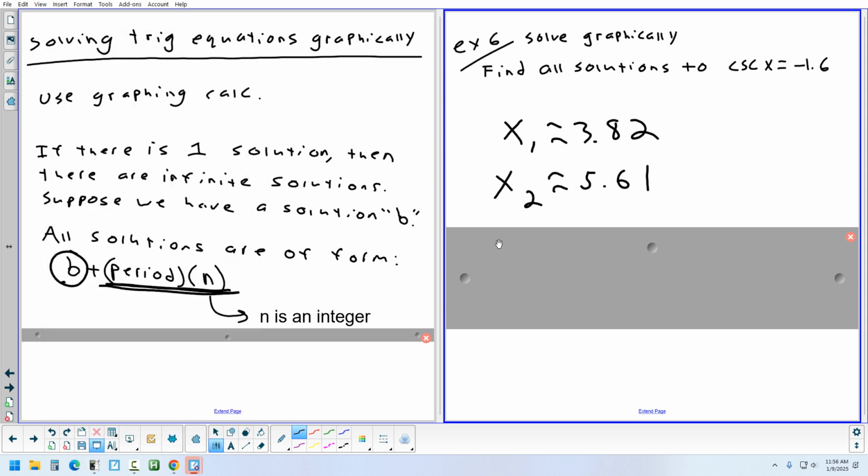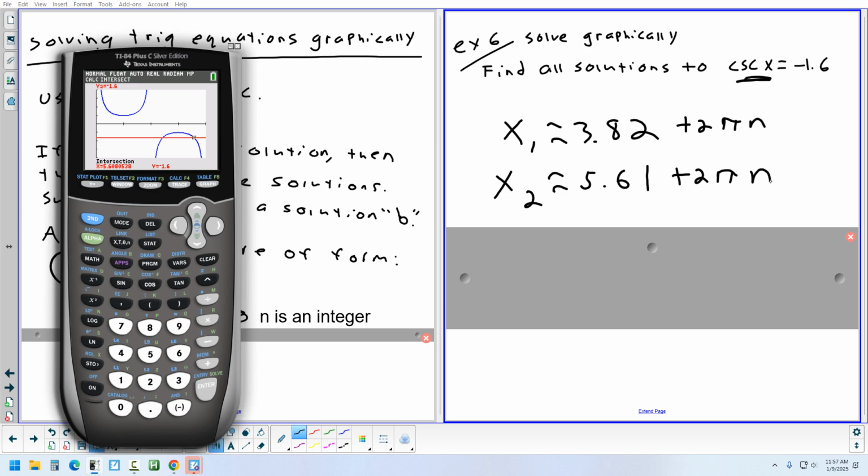Now I need to know specifically what is the cycle for cosecant. No transformations, 2 pi. So we're going to put plus 2 pi n. That means the next time you will see this answer that's highlighted will be 5.61 plus 2 pi.